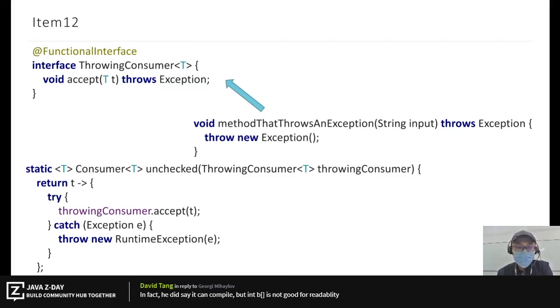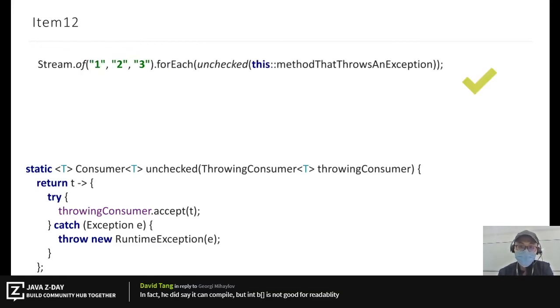And here in this unchecked method, we convert this throwing consumer back to a normal consumer. We extract this try catch logic to this method so that we can use it in this way, as we can use method reference again.